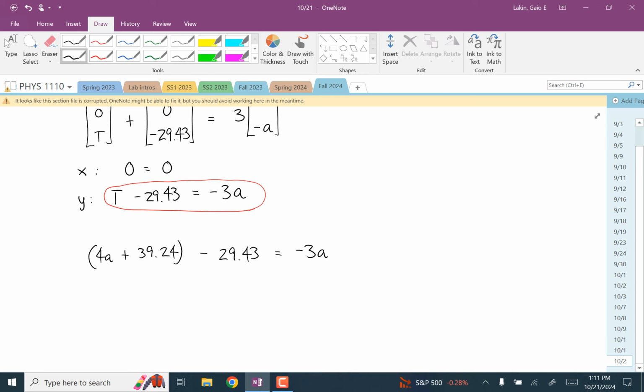And so we have positive 9.81 is equal to negative 7a, thank you. So a is equal to negative 1.40 meters per second squared.